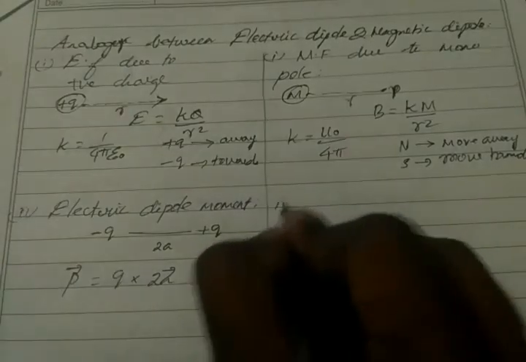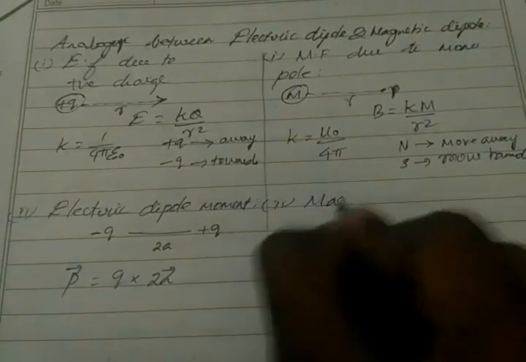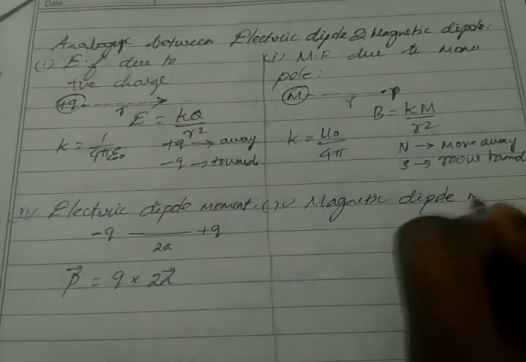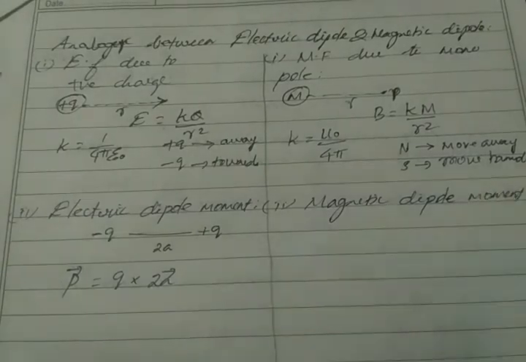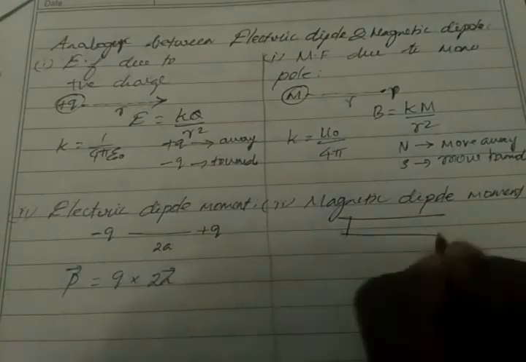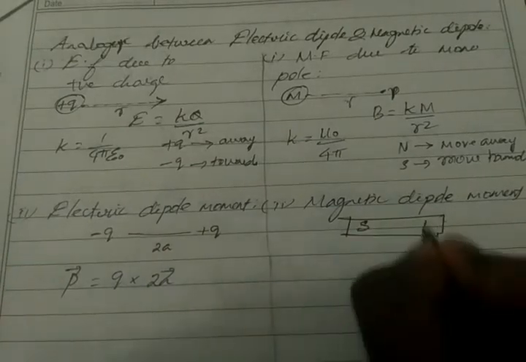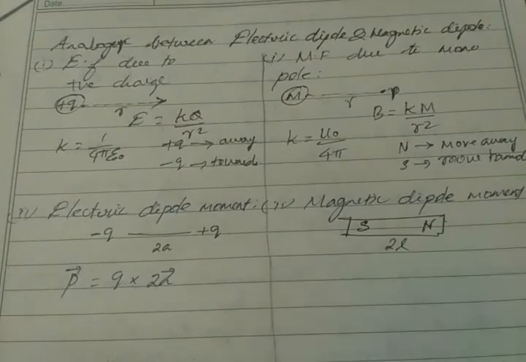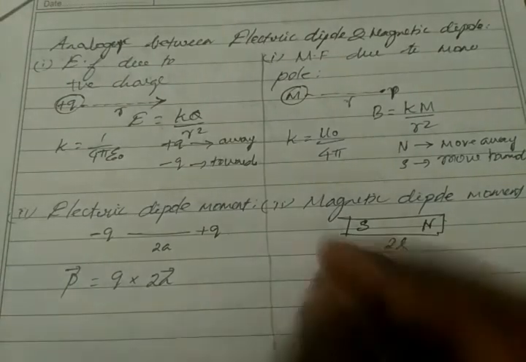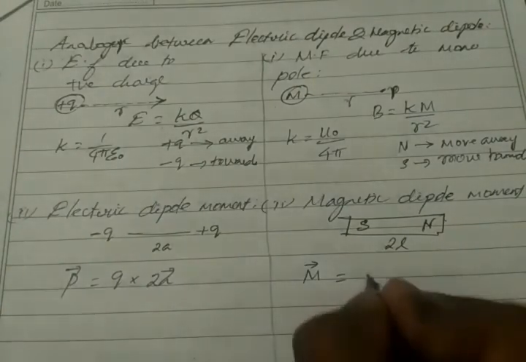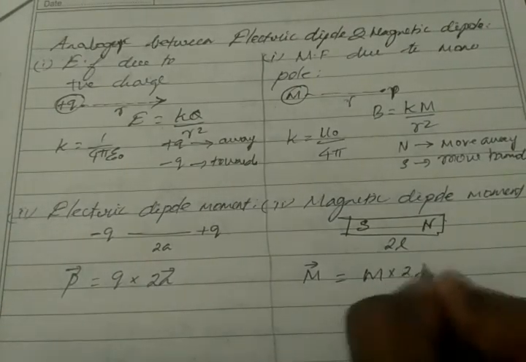Whereas magnetic dipole moment is very similar. Magnetic dipole moment starts with south pole, ends with north pole, separated by a small distance 2l, and the formula will be capital M into 2l.